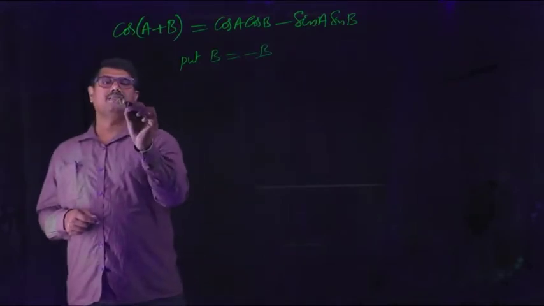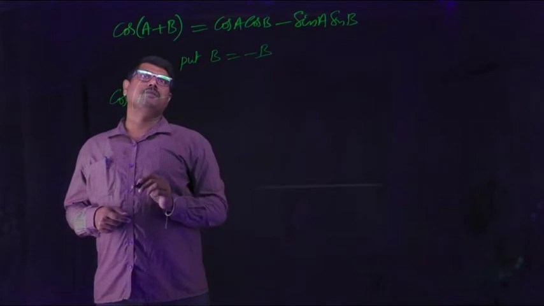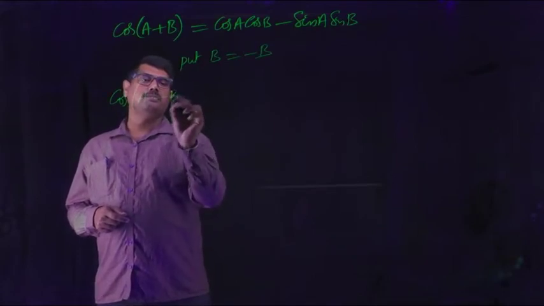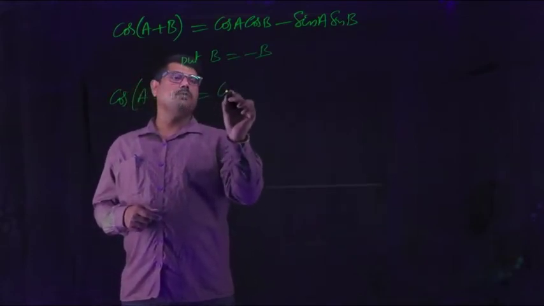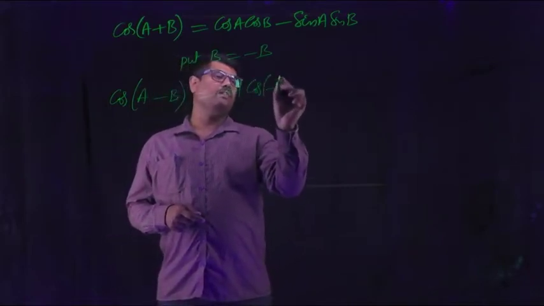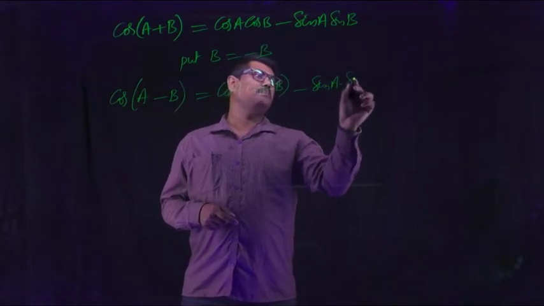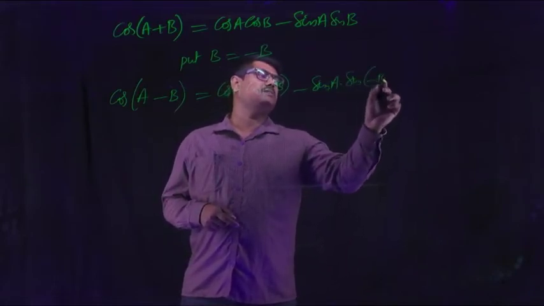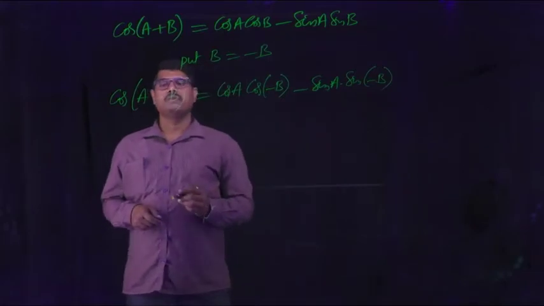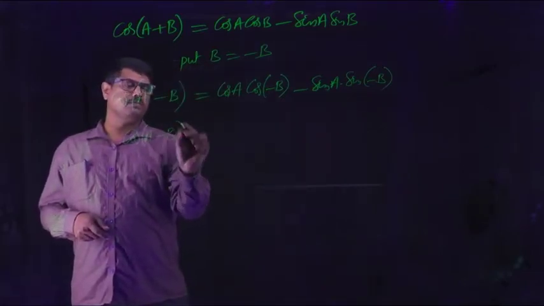You will get like this, which is the cos of A, replacing B with minus B, you will get minus B, which is equal to cos A. Replacing B with minus B, it will become cos minus B, and sin A replacing B with minus B, you will get minus sin minus B. So then cos A minus B formula becomes like this.